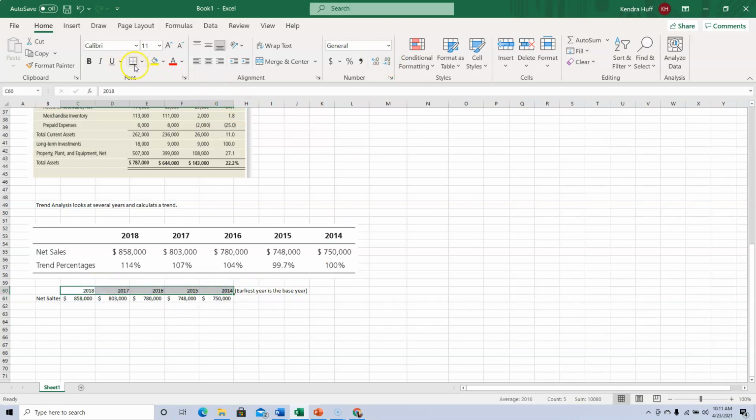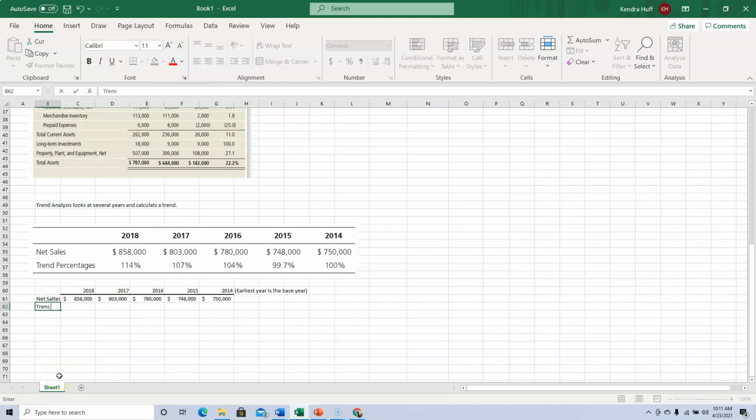All right, and then you express everything as a percentage of the base year. So the base year is always 100%, and then every other year is expressed as a percentage of the base year.